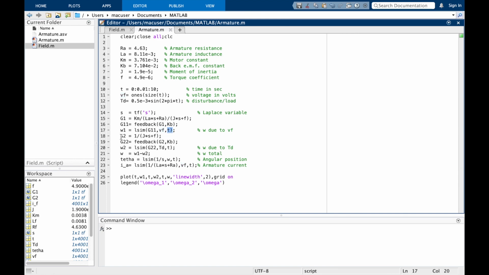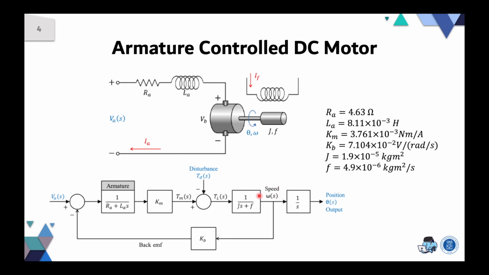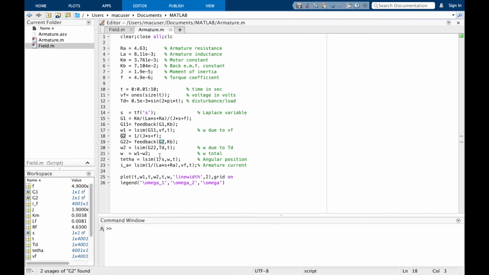Similarly, I'm declaring G2, correlating the omega and TD, but we have a feedback. Have a look, this is the feedback. The feedback will be KB multiplied by the armature transfer function and the Km.